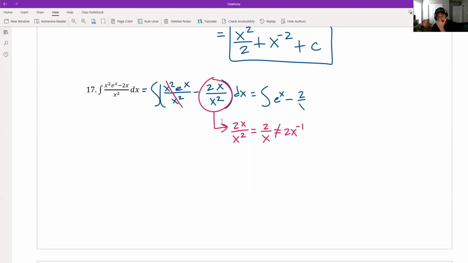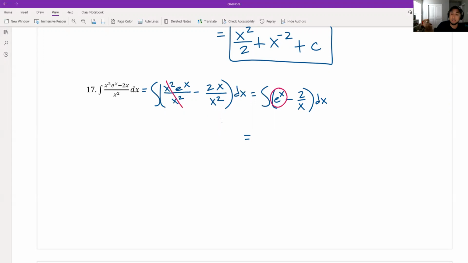So let's focus on the first term, e to the x. Well, that one's easy. What is the antiderivative of e to the x? Well, that's e to the x. Now let's look at the second term, 2 over x. This one is going to use, remember, the integral of 1 over x dx, which will be the natural log of the absolute value of x.